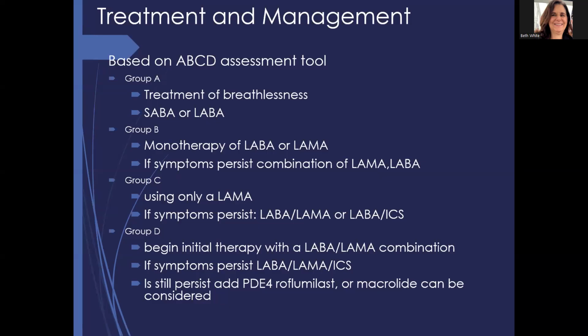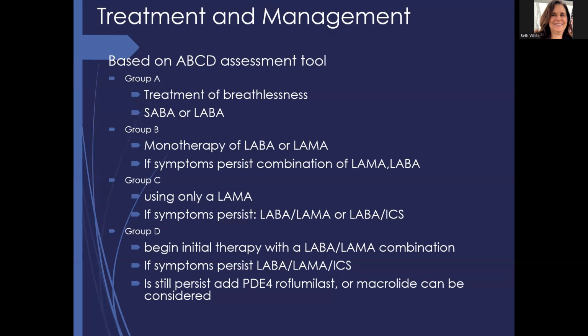And for COPD, especially for emphysema patients, the muscarinic antagonists seem to work better. They prevent that bronchoconstriction, not actively treating it, but preventing it. If the symptoms persist, even though they're in that group B treatment category, a combination LAMA/LABA will really treat these patients well.